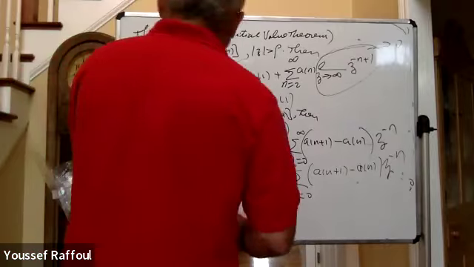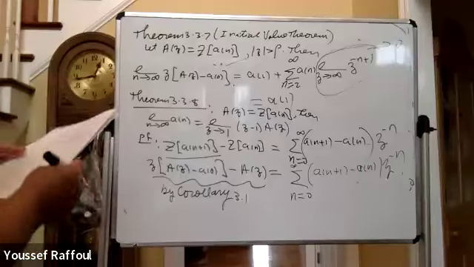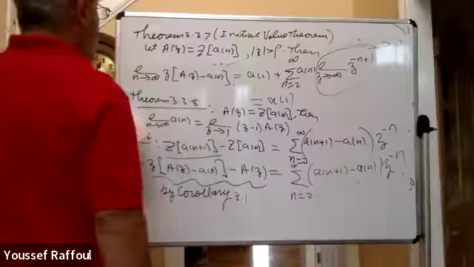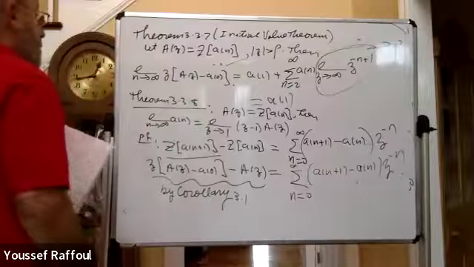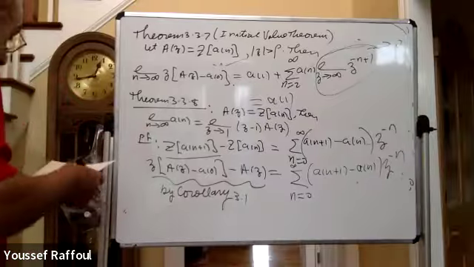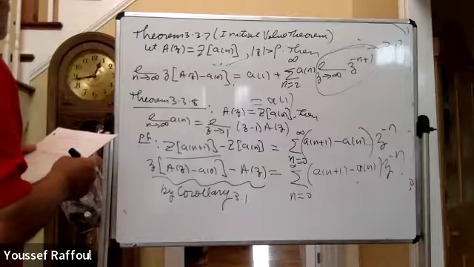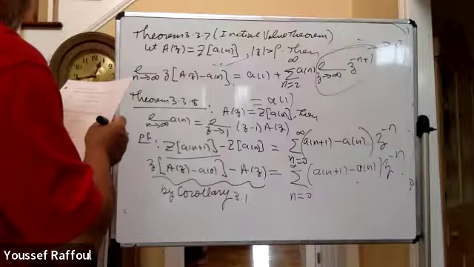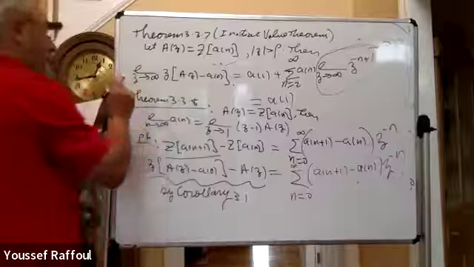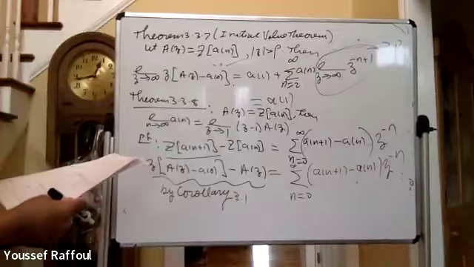By the previous theorem, as n goes to infinity, oh guys, I made a mistake here, a typo. The book is correct. This is supposed to be Z goes to infinity.